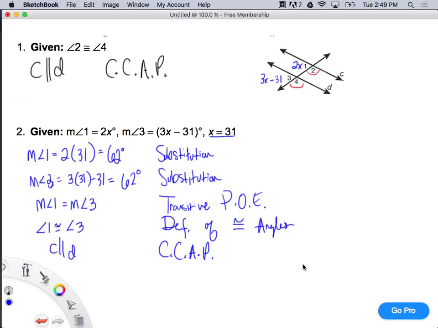In both of these cases, I proved that the lines are parallel. Now, go ahead and flip to your other reteach.